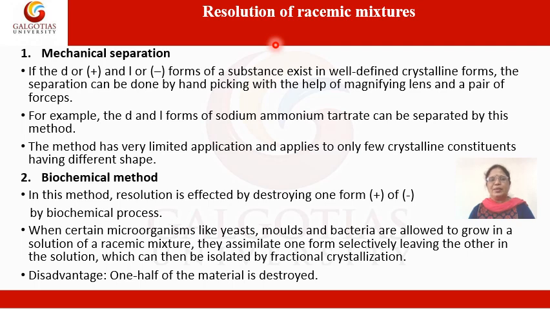For example, the dextro and levo forms of sodium ammonium tartrate can be separated this way. This method is very tedious, and because of that it has very limited applications.